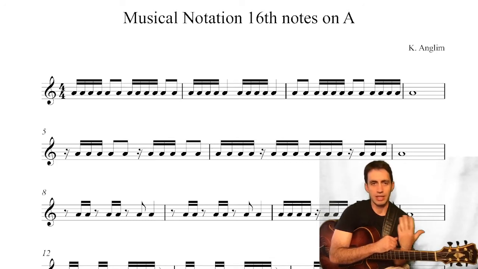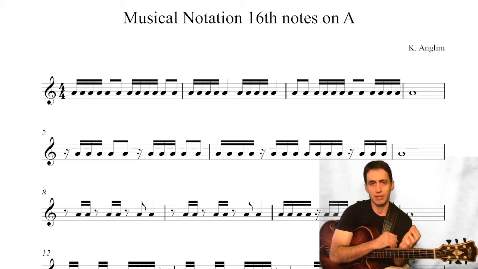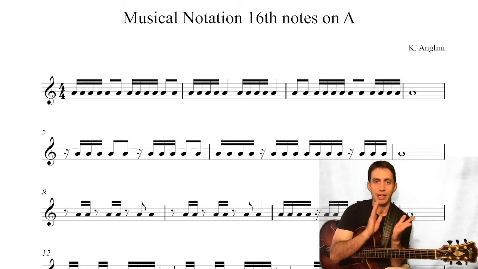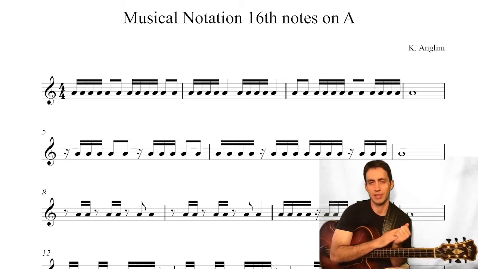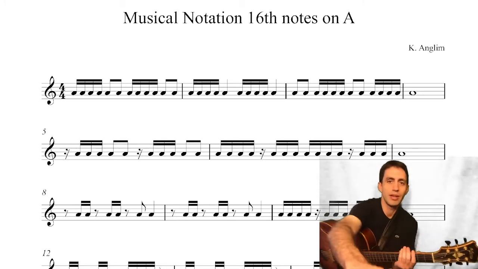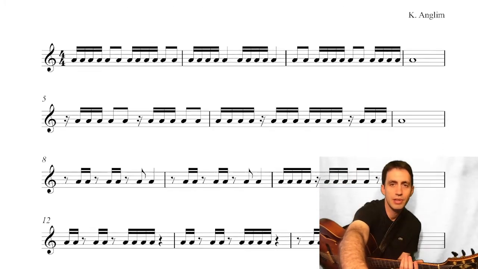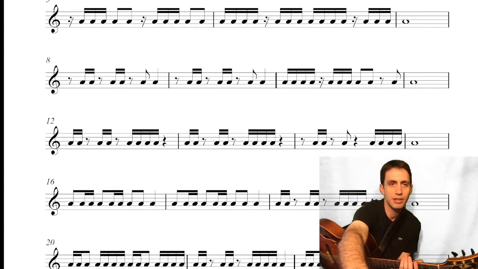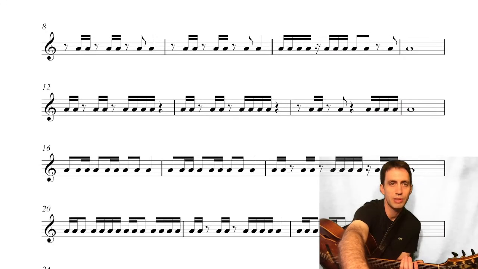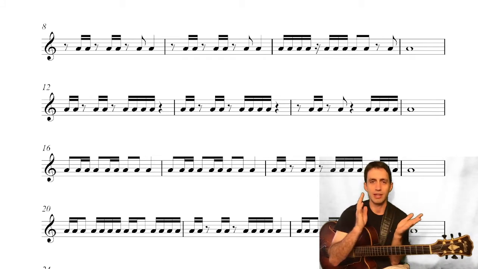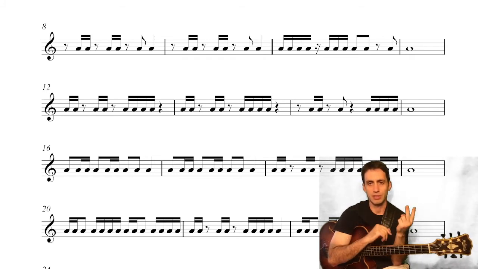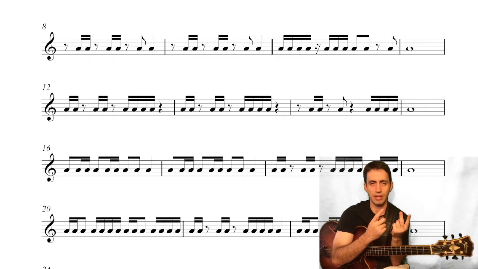And then the next variation comes in measure 8, where you have an 8th note rest. So that would be 1 e and a, 2 e and a, 3 e and a. So that's that rhythm. And then we start to get other variations as we move along. Measure 12, you have 2 16th notes and then an 8th rest.